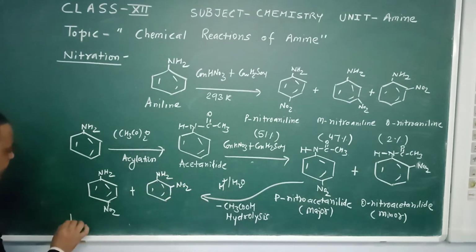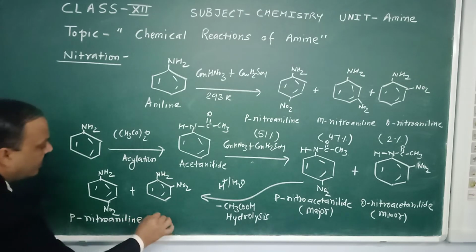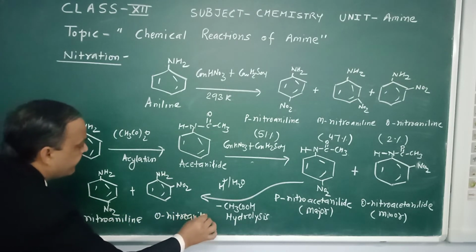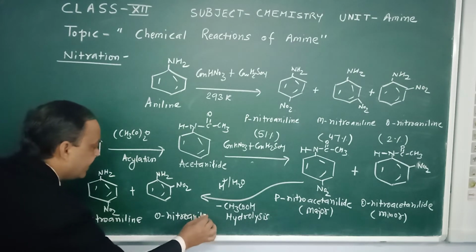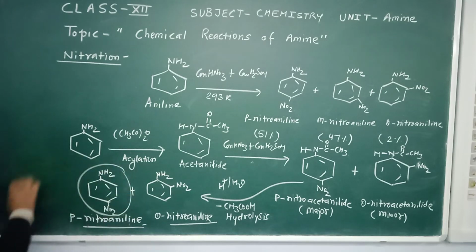So this is para nitroaniline and ortho nitroaniline which we have in this condition. So the major product is the para product.